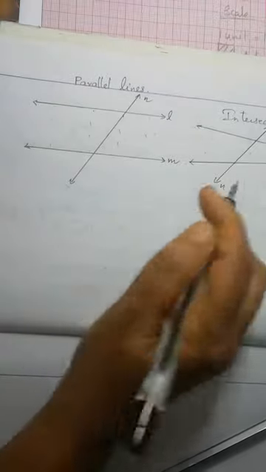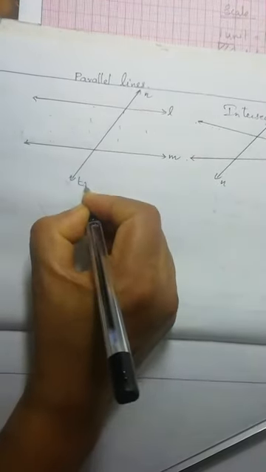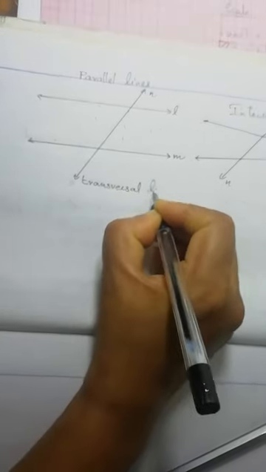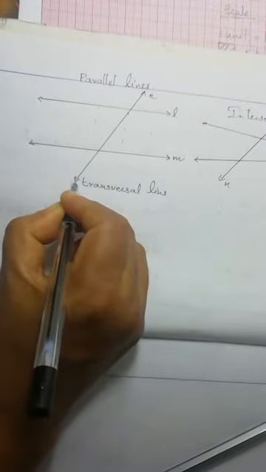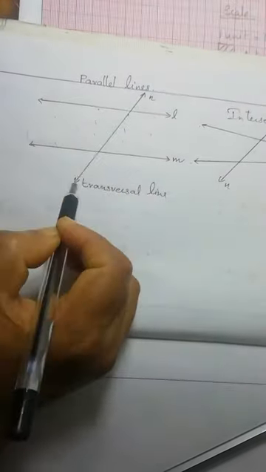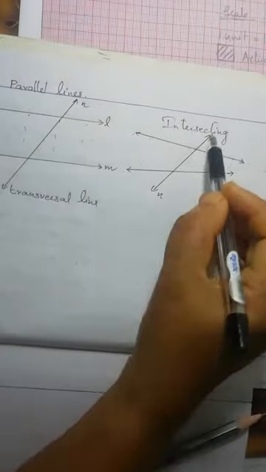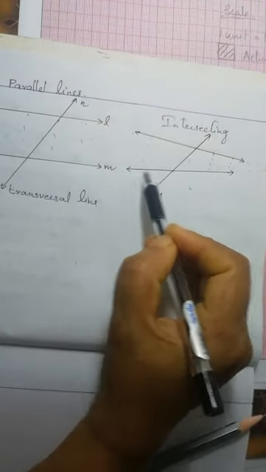This type of line we call a transversal line. This line we call a transversal line, because this line is cutting our given two lines at distinct points. Here this line is cutting our lines L and M at two distinct points.